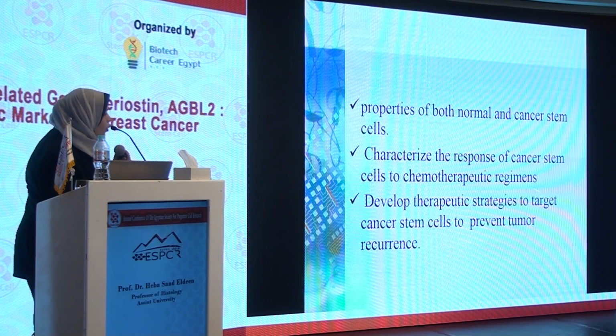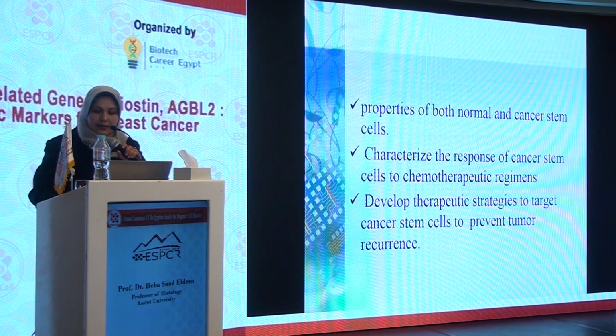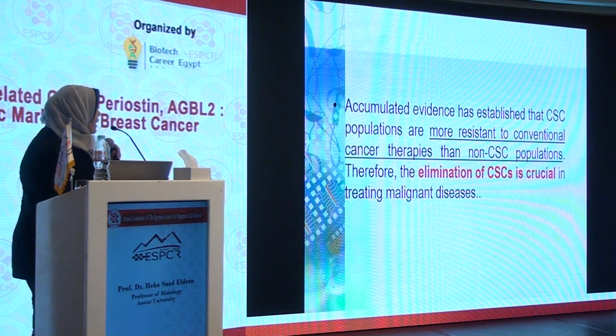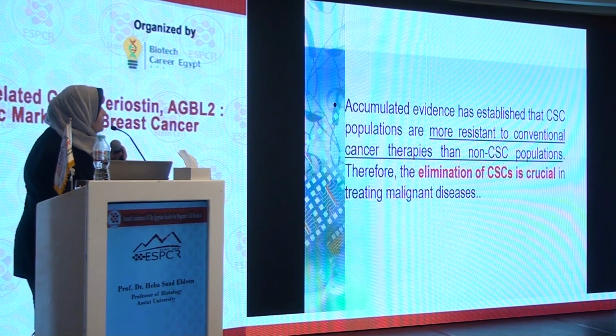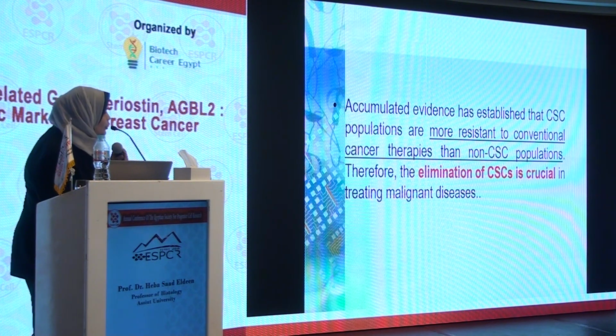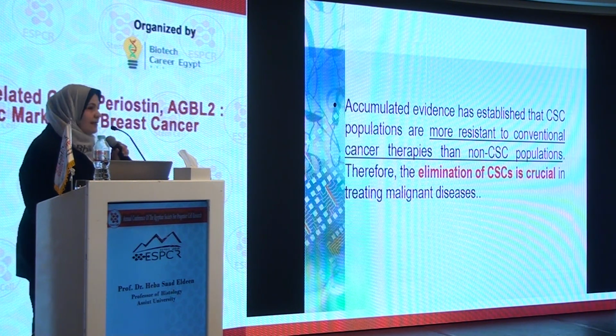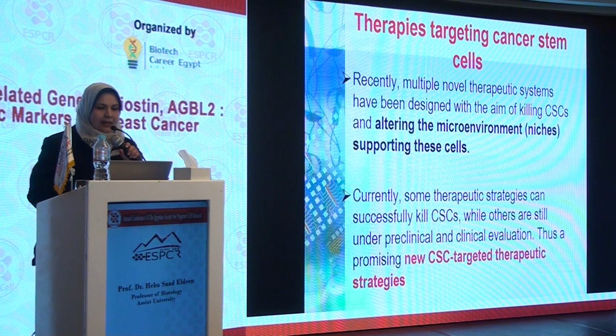This is the era of hot, ongoing research now, to develop therapeutic strategies to target the cancer stem cell to prevent tumor or cancer recurrence. Also, accumulated evidence established that cancer stem cell populations are more resistant to conventional therapy than non-cancer stem cell populations. Therefore, it is crucial and very important to eliminate these cells to treat the malignancy.